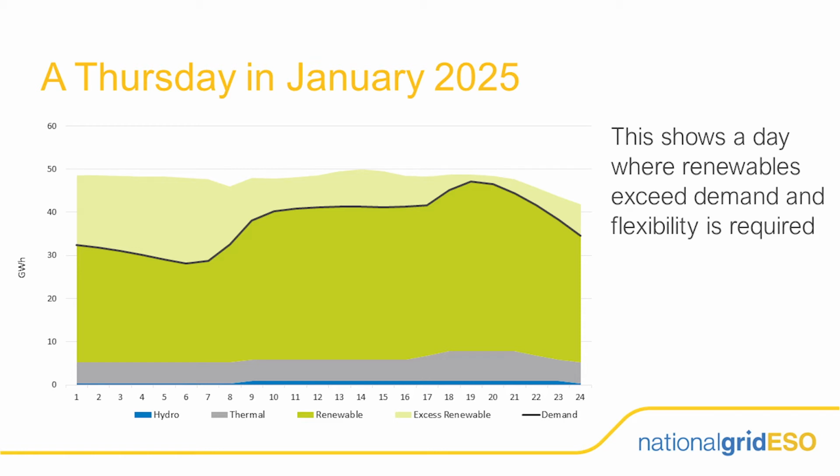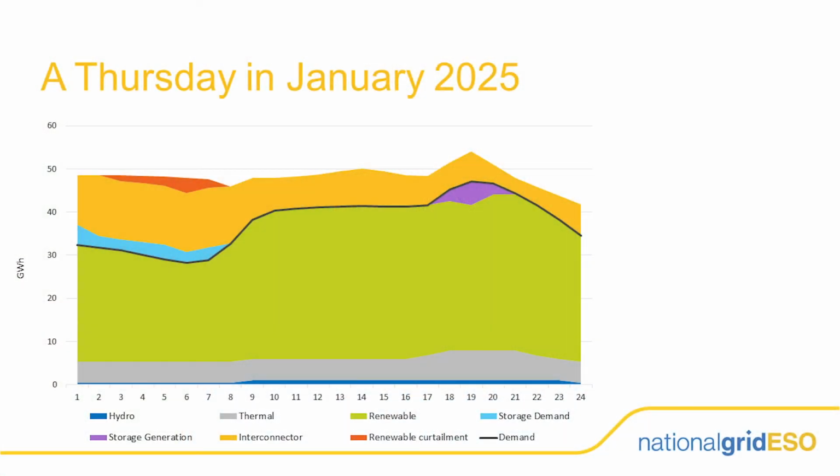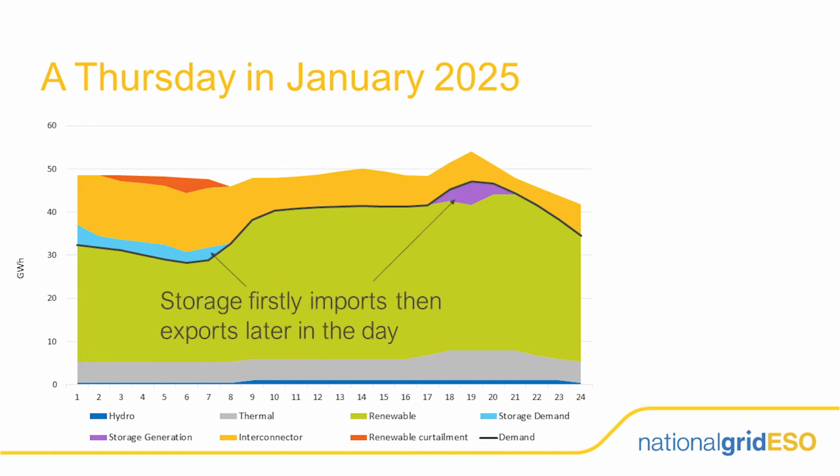And rather than curtail all of this, various forms of flexibility make use of this energy. Now, in this example, storage and interconnectors are used to move around the energy, leaving only a small amount to be curtailed. That's the small sliver shown in red. Storage firstly imports or fills up before exporting or discharging back to grid later in the day around time of peak.